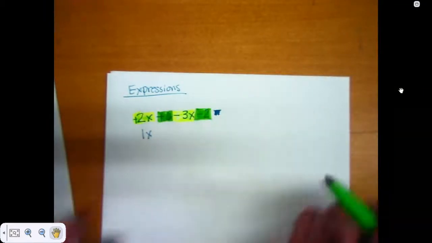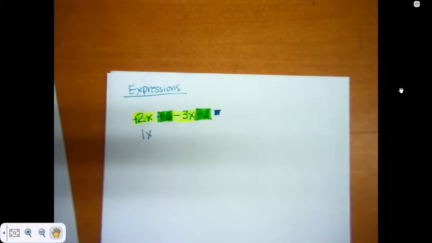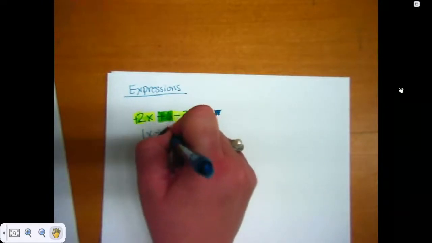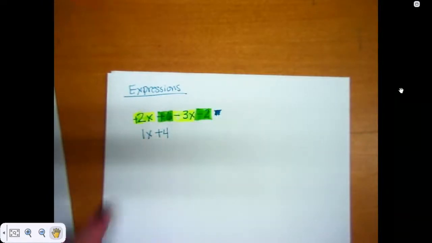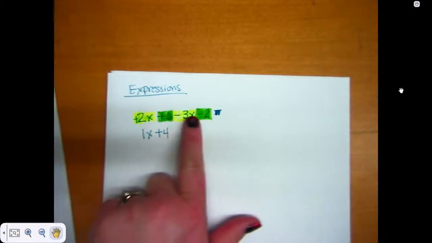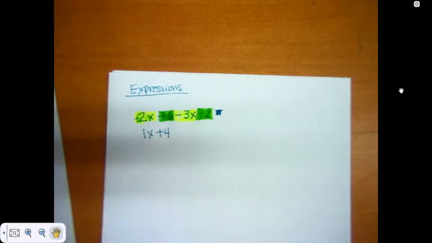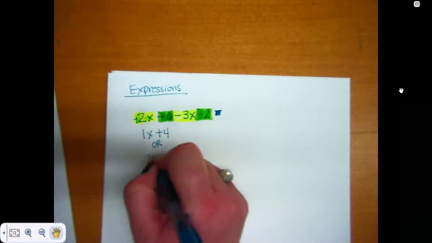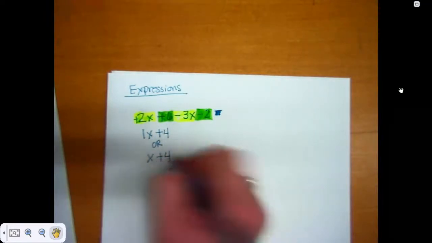If I combine positive 6 and negative 2, I'm going to get positive 4. So I have simplified this long expression into this short expression: negative 1x plus 4. And I would like to point out that you could also write this as negative x plus 4.